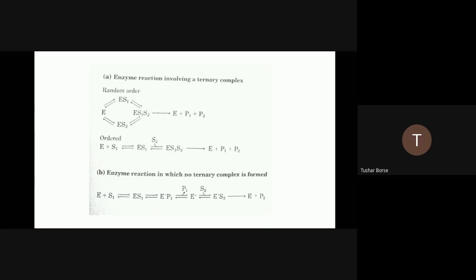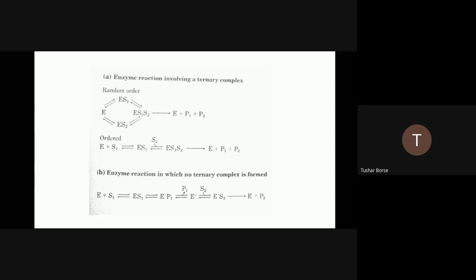Now in the second type of reaction, there is no ternary complex forming, because you can see from this equation, first the enzyme is coming, it is forming a complex, and the product is coming, and then that product is leaving that complex.